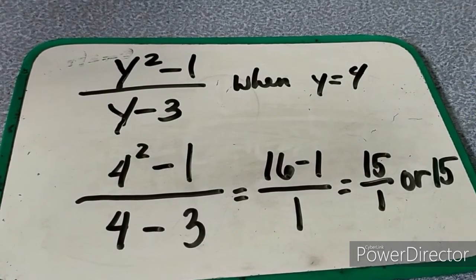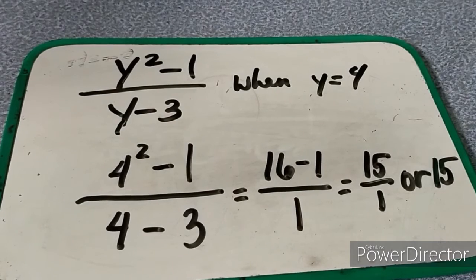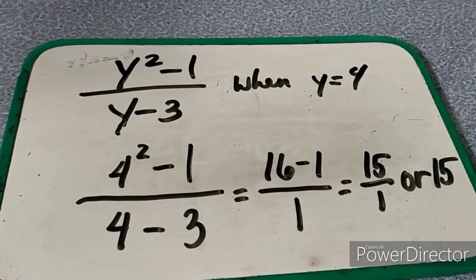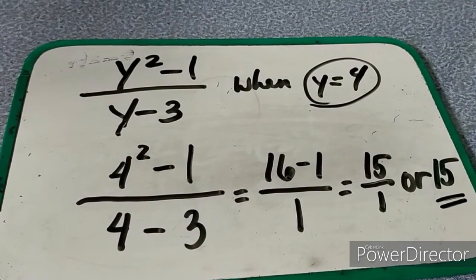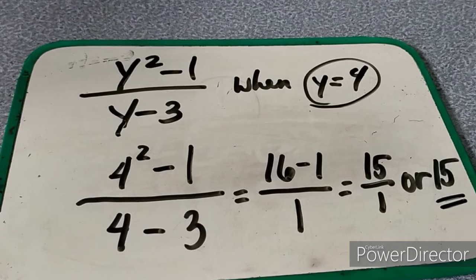Then, y is equal to 4 of the expression y squared minus 1 over y minus 3 is equal to 15. So, itong y is equal to 4 is not an example of excluded value, but it is a value which makes the expression defined.